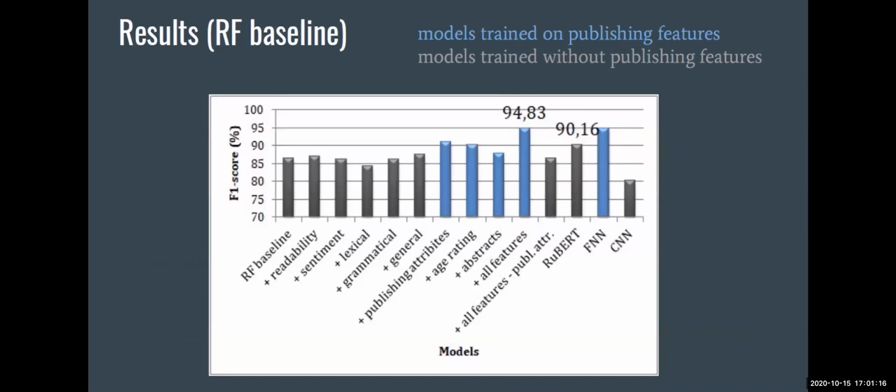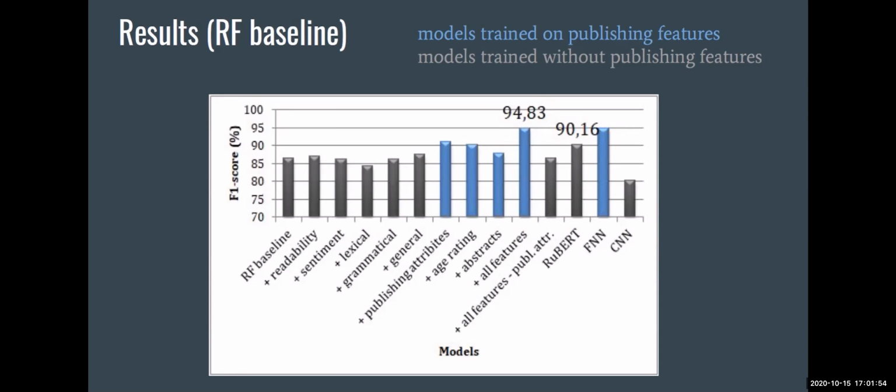So we evaluated several models. The blue points show the models that used publishing features, and the black points are other models. And you can see the results. This figure shows that publishing features can greatly increase the quality of classification, and the best result was obtained with the model that used all additional features, including publishing features.